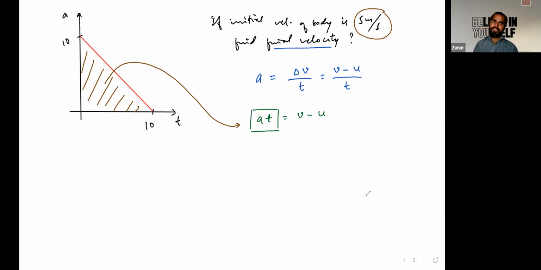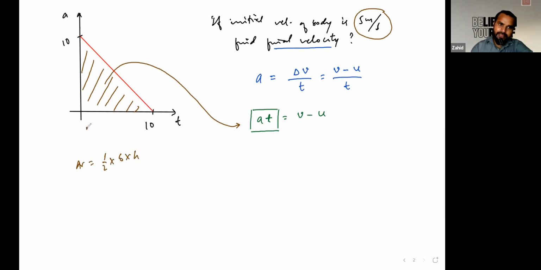Hiba, have you solved the area of the graph? Hamza, yes, sir. Tell me your answer. This is nothing but a triangle, and the area of a triangle is half base into height.